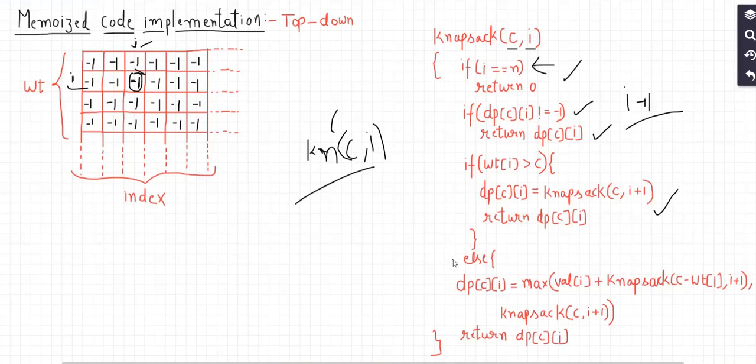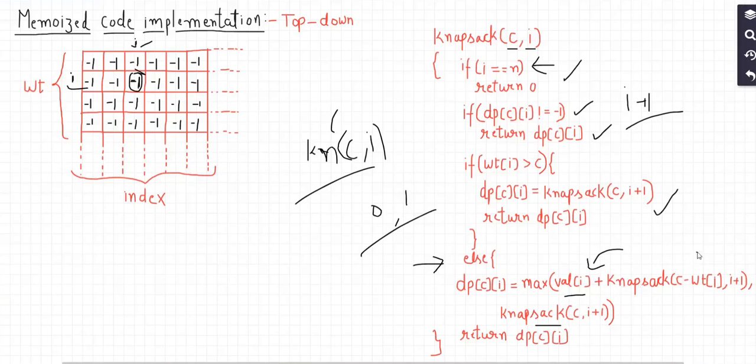Now we have the final condition where we can put the item or we cannot put the item. We have both the choices, 0 and 1. This is the condition where we are putting the value into the knapsack, and this is the condition where we are not putting the value.